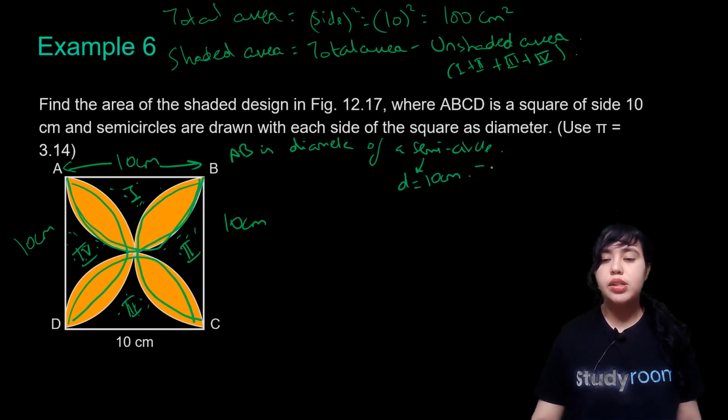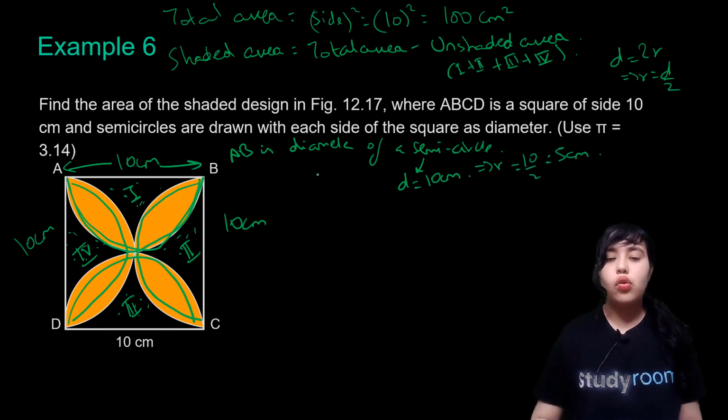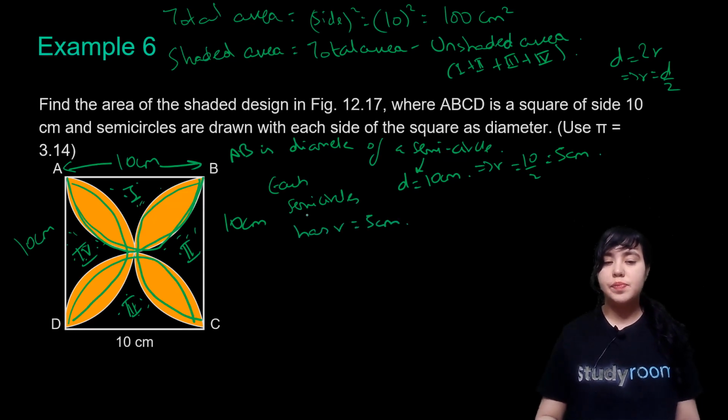So if this is its diameter, I can find out its radius. I told you diameter is twice of radius. So R will be D by 2, so it will be 10 by 2, that is 5 centimeters. In fact, you can see that each of the semicircles has r equal to 5 centimeters.